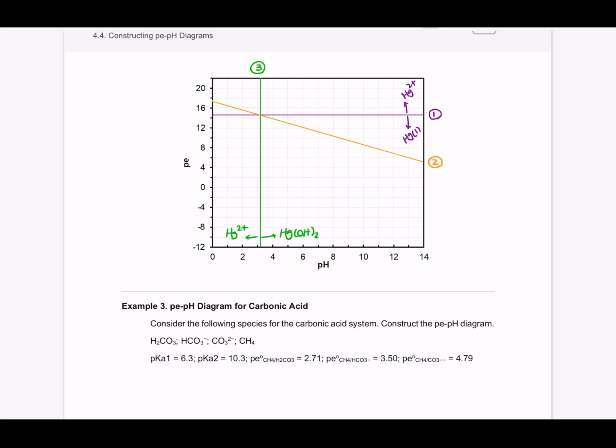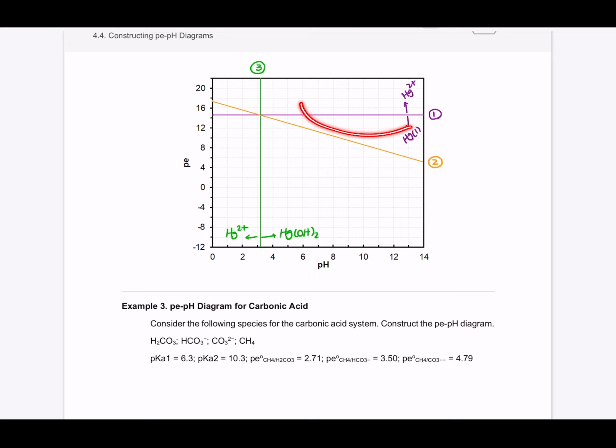So again, try to focus only on the orange line and ignore the other two lines. The orange line is dividing the whole region into two parts. So this is the first part, and this is the second part. Generally speaking, this region has lower electron activity than this region.